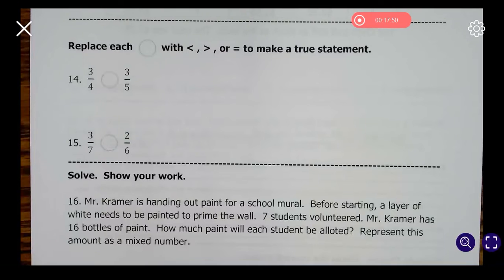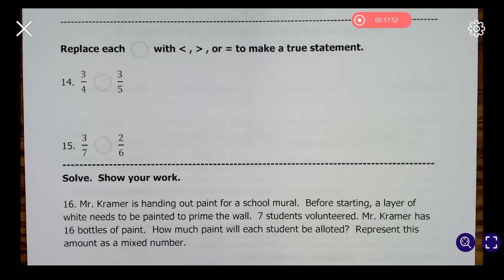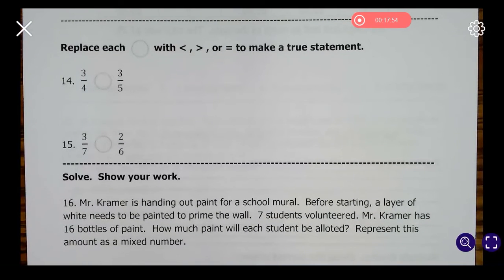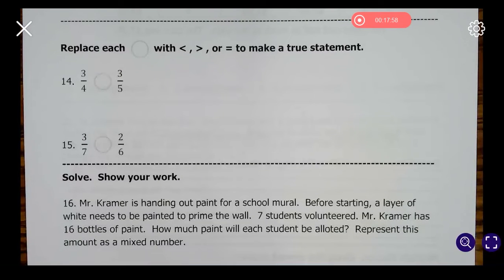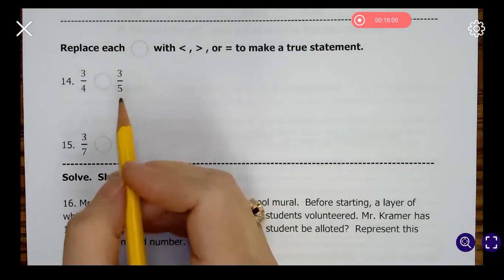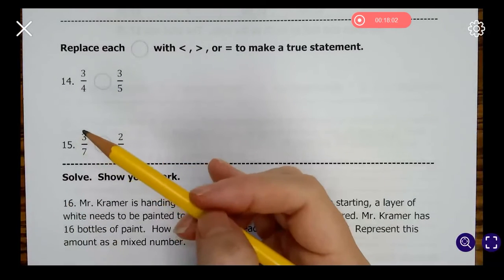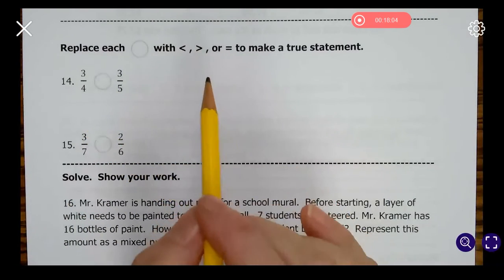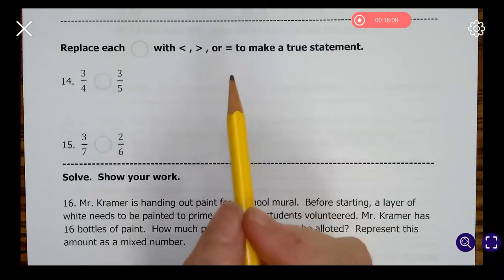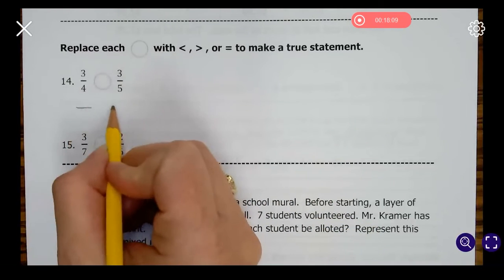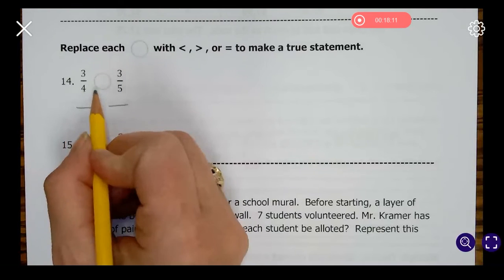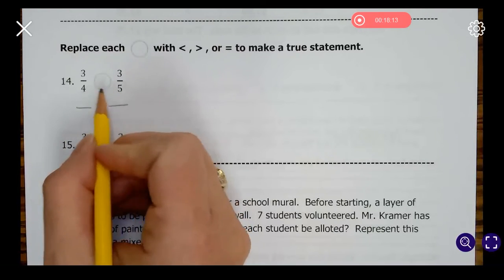Number 14, replace the circle with less than, greater than, or equal to make it a true statement. Okay, so I know you can cross multiply, but it's much better if you use common denominators. So what common denominator could we have for 5 and 4? We could make it 20.